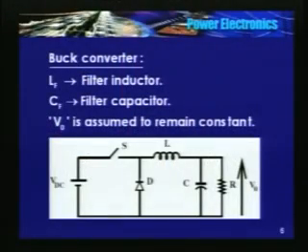Now the first one in switch mode power conversion or DC to DC conversion is the buck converter. A buck converter. Input is DC, output is available at this point. I am assuming that a resistive load is connected at the output.